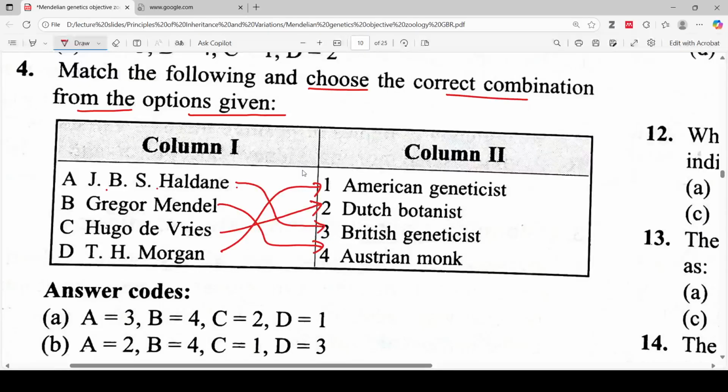Then the correct matching is A equals 3, B 4, C 2 and D equals 1. So the correct answer will be option 1.